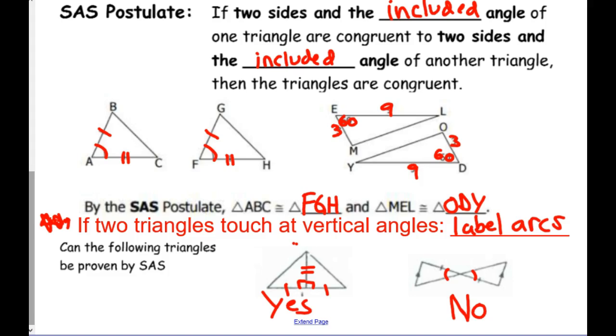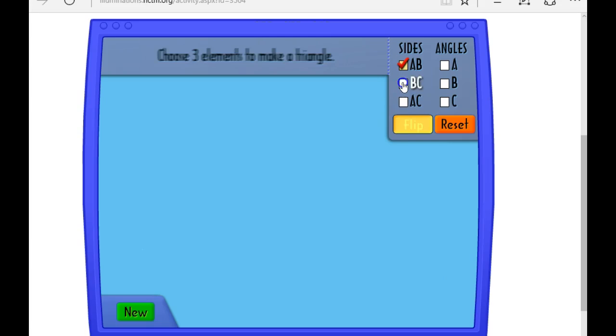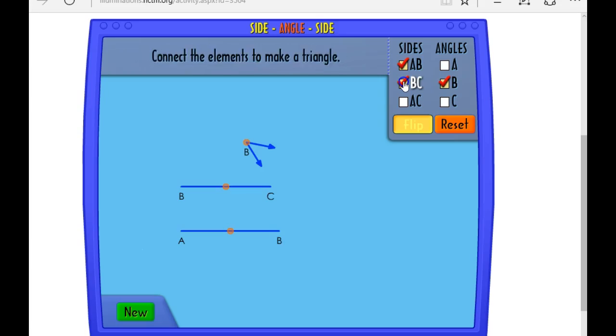Now let me bring it back to that interactive thing. Let's do side, angle, side. Okay? So I got side, angle, side. So I'm going to use these three parts.